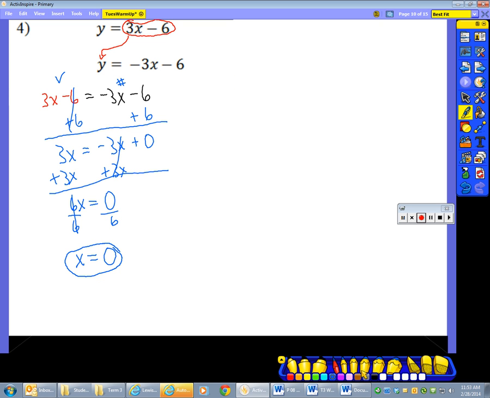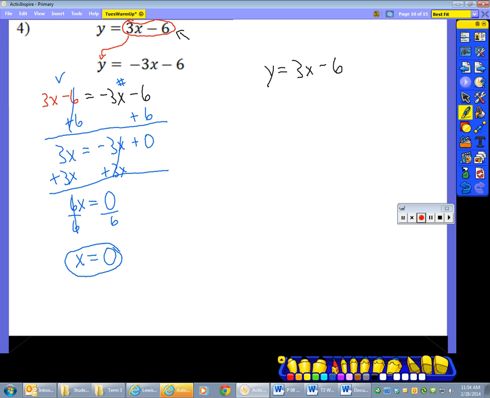So now I'm going to pick up one of these equations. Whichever one I think is the easiest, I'm going to go with that one. They're not very different, and it doesn't matter which one you pick, of course.